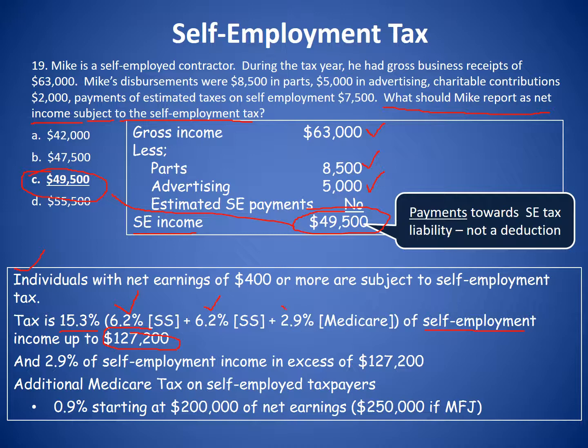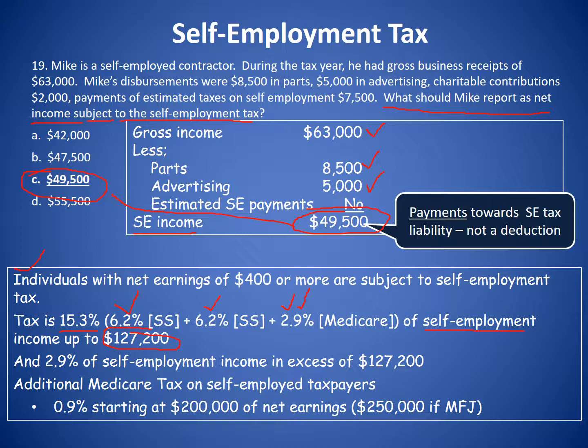Okay, 1.45% is deducted from the employee's paycheck for Medicare, and the other 1.45% is paid by the employer. The employer has to pay that other portion for the Medicare. So actually the 15.3% is the cost that any citizen would incur over Social Security and Medicare, and that's up to $127,200.